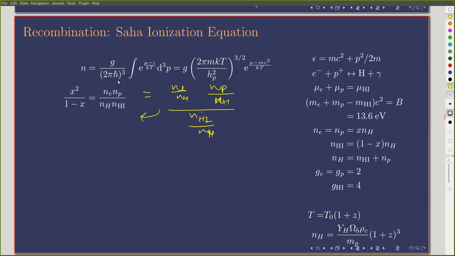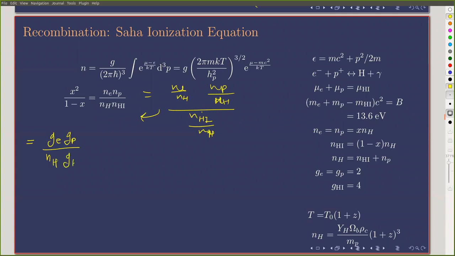And we can calculate this for all these values. Please, if you want, you can do these calculations. That would be nice. So for electrons and for protons, divided by the neutral hydrogen, the total hydrogen, which we will keep as a value.